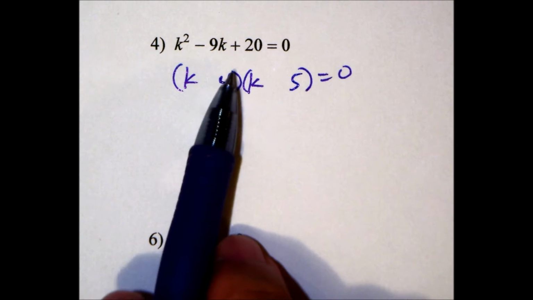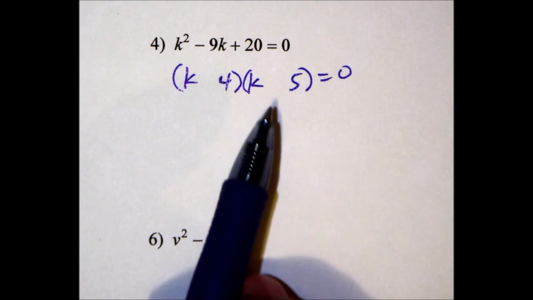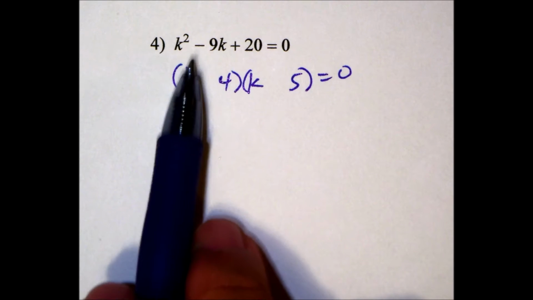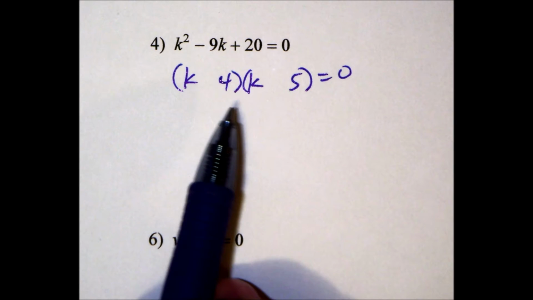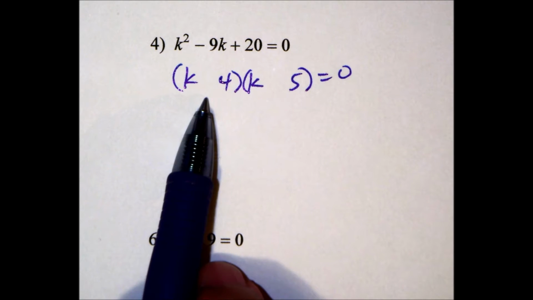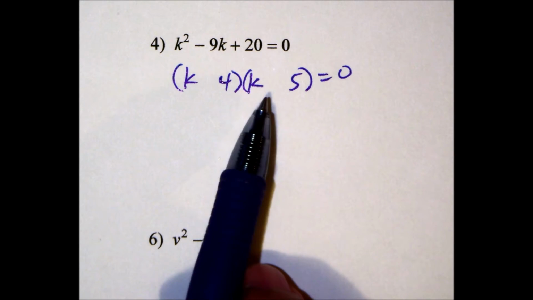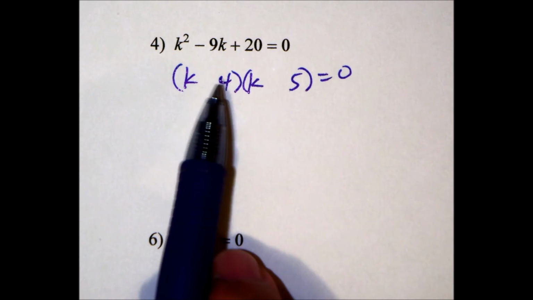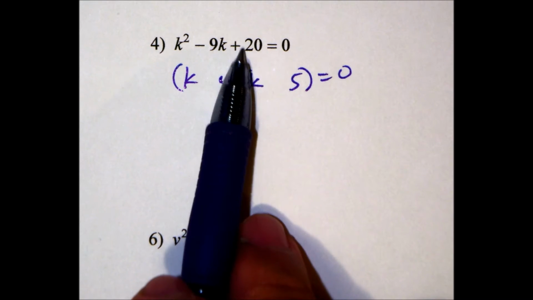Now, to get a positive 20, these two have to be the same sign. So positive 4 times positive 5 gives me positive 20, but I've got this negative here. So at least one of these has to be negative. But I need a positive 20 still here. So they both have to be negative. Negative 4 times negative 5 gives me a positive 20.